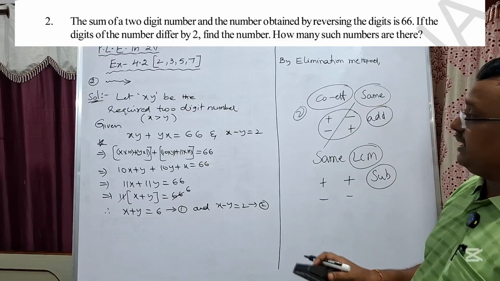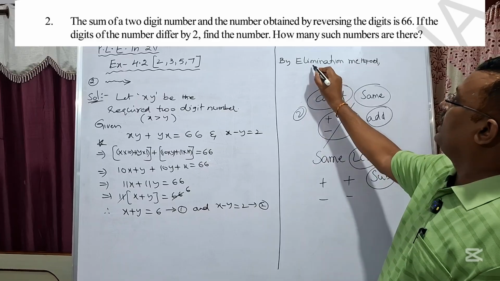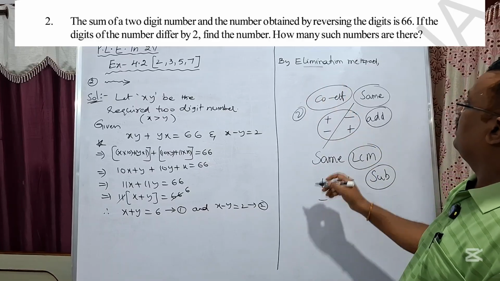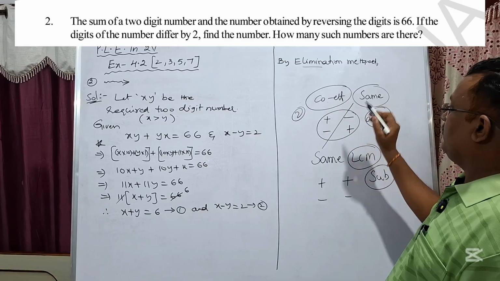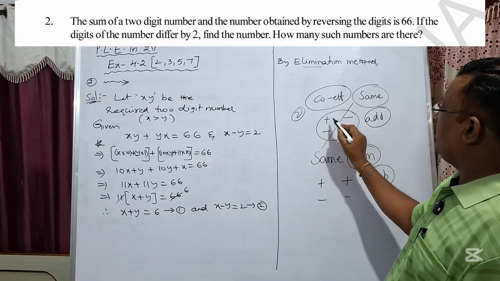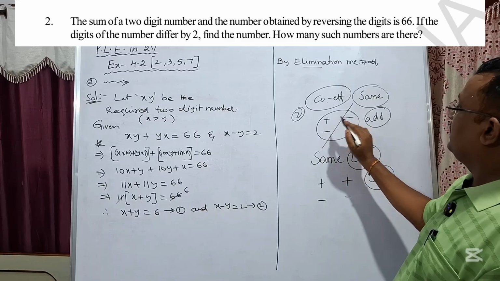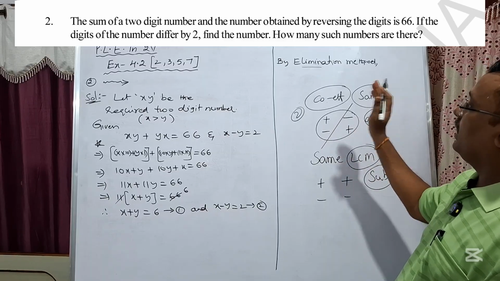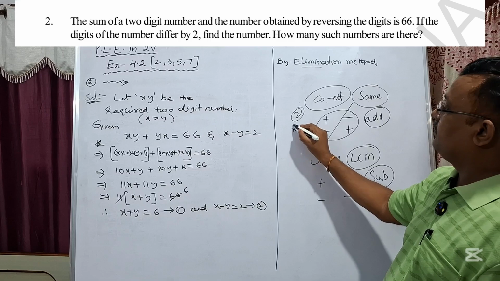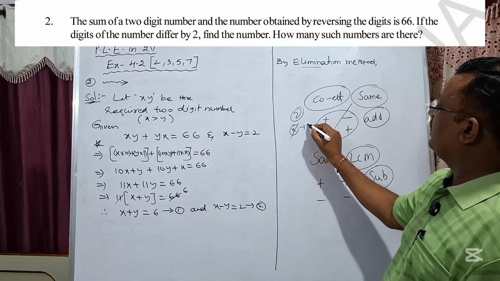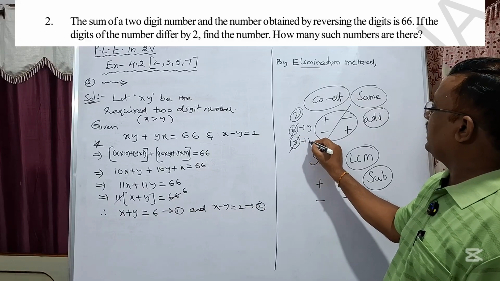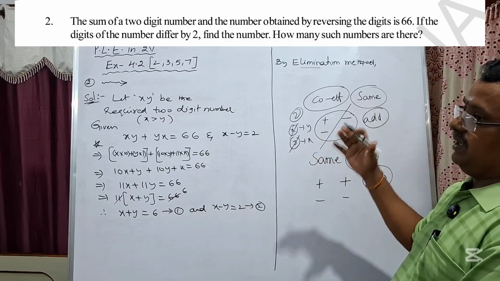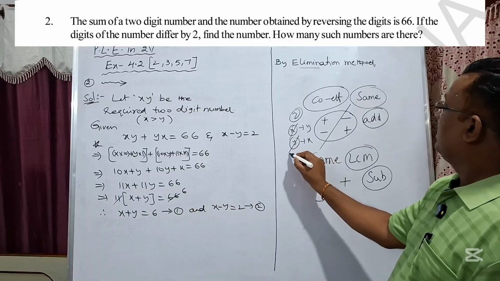Once again I am repeating, to eliminate any variable, first of all the coefficients of the variable must be same and both the terms should have opposite signs. Then just add them, and one of the variables gets cancelled. If x is cancelled, we will get y. If y is cancelled, we will get x. From that, find the remaining variable value.